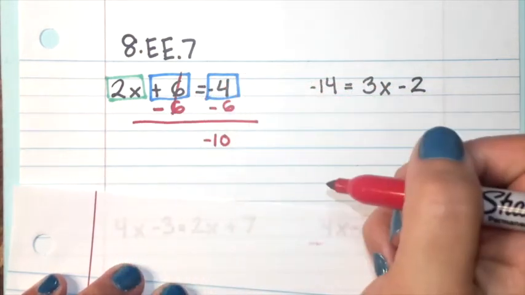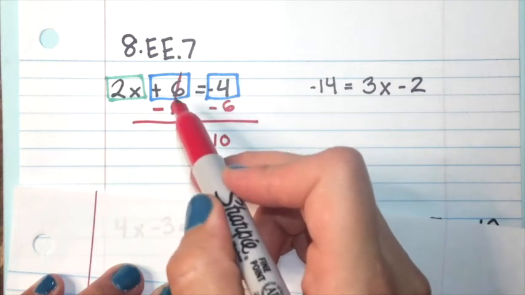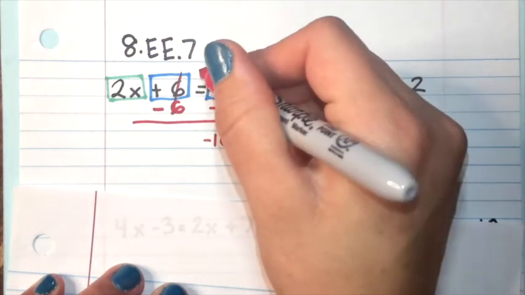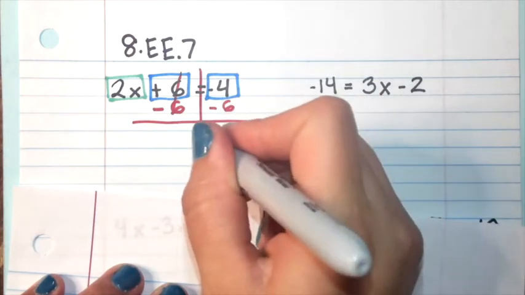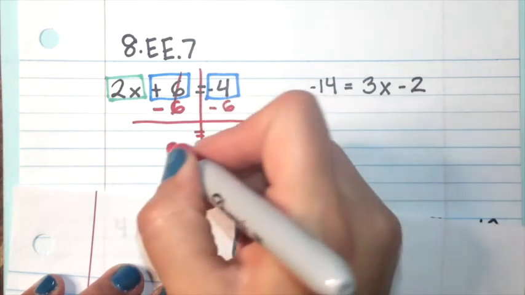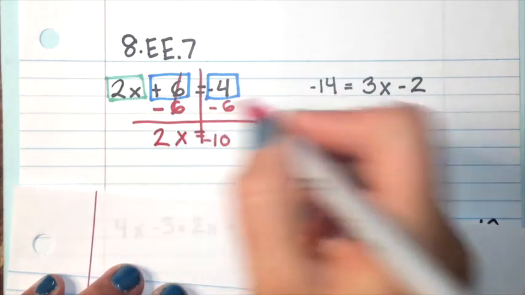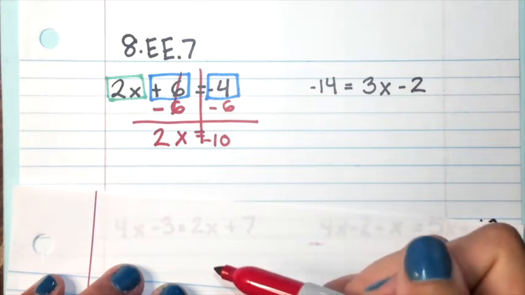So we canceled out the 6 on this side of the equal sign. Now on this side, what we have left that's not canceled out is 2x. So right now you should have 2x is equal to negative 10.